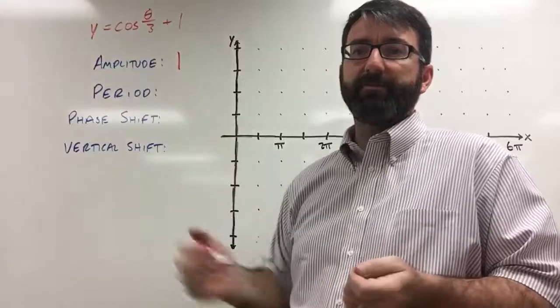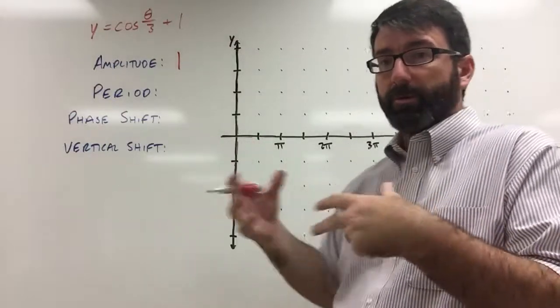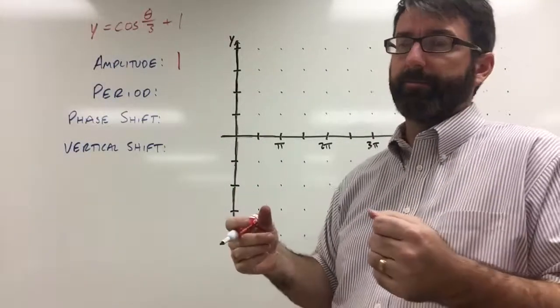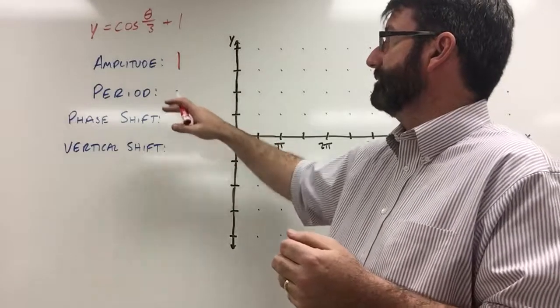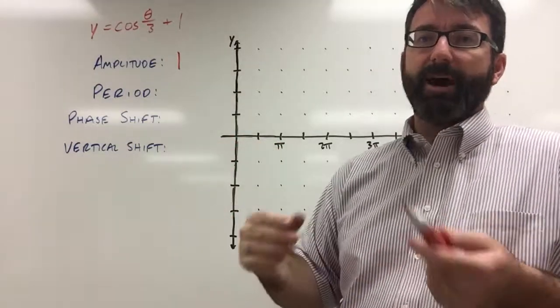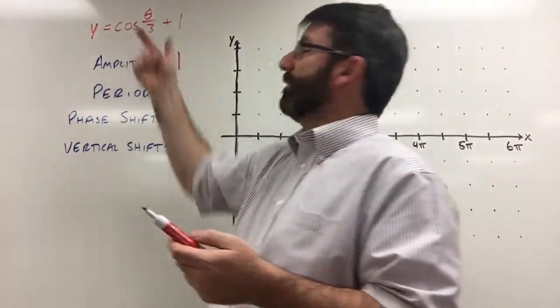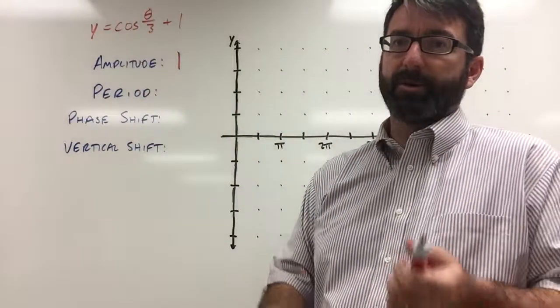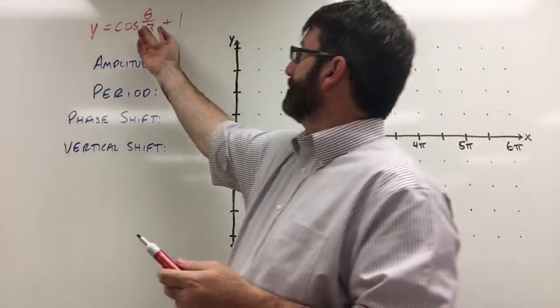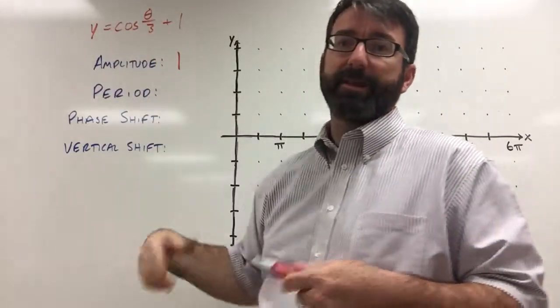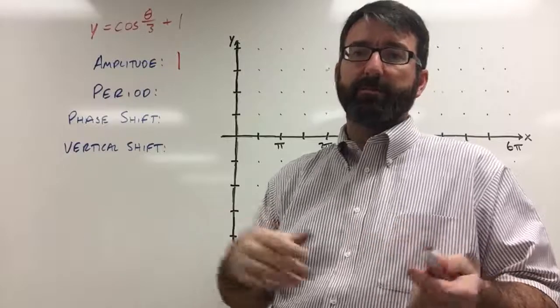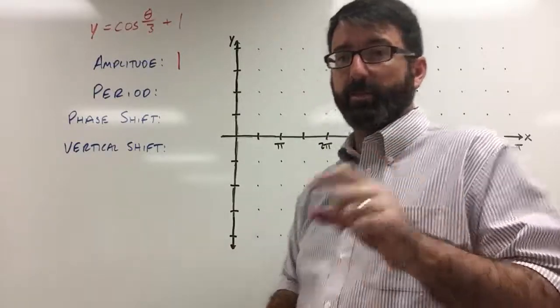To find the period, it's the normal period for a sine or cosine function, which is 2 pi divided by b. We said that b was the number that we're multiplying theta by. So here, if we've got theta divided by 3, that's the same as theta multiplied by 1/3. So our b is 1/3.